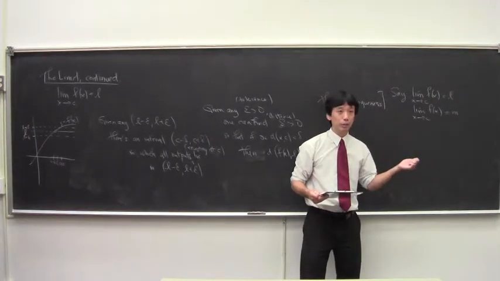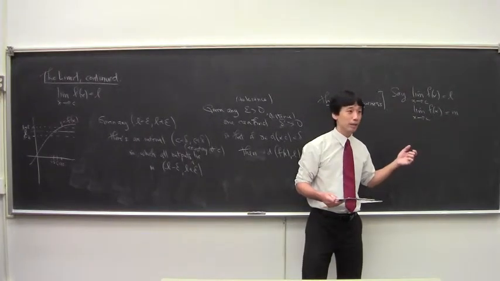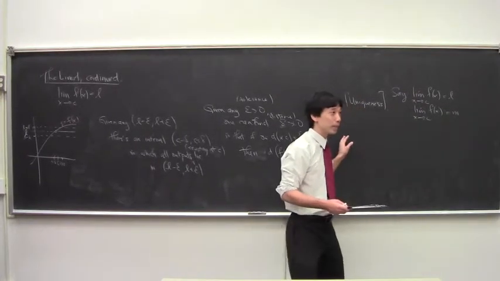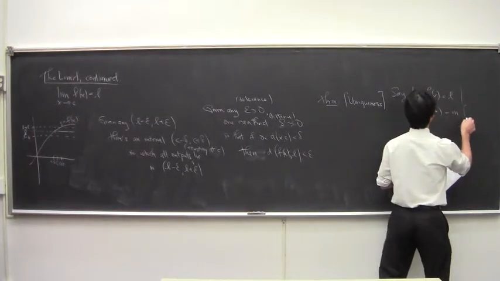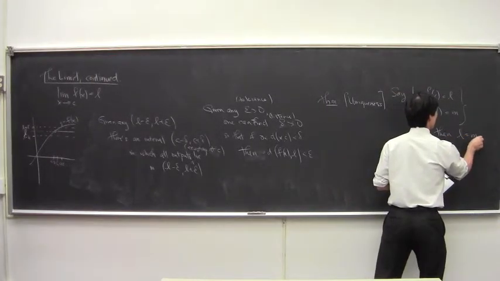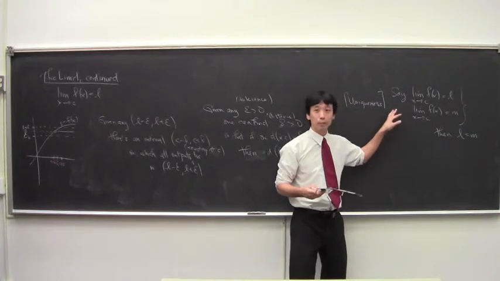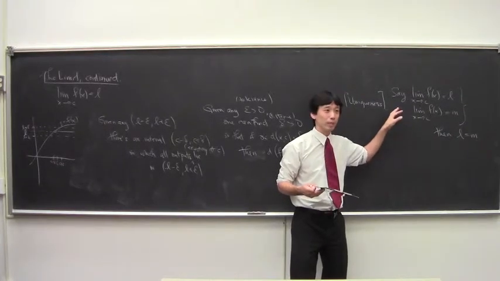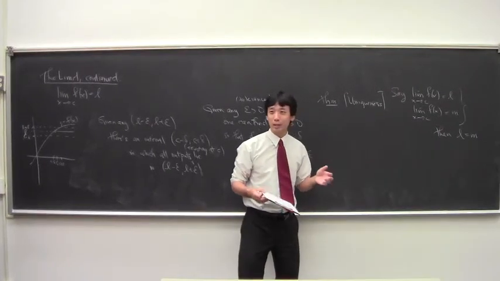So you go into a room and you come out saying, "Oh, the limit is L." Your friend comes out saying, "Oh, the limit is M." Then those must be the same thing. In other words, there's only one limit. You can have only one limit. That's something you hope happens.